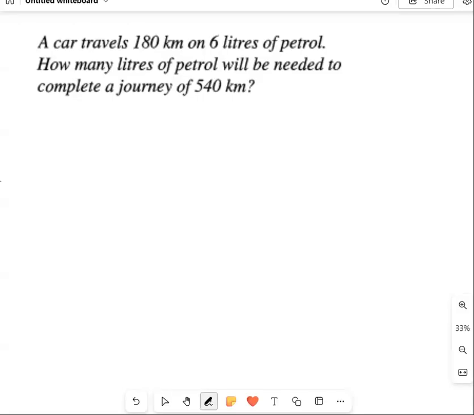So in other words, all right, let me just say, if 1 liter of petrol takes the car, maybe it's a little bigger.